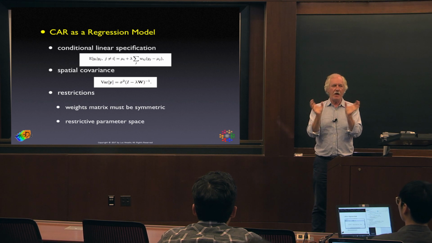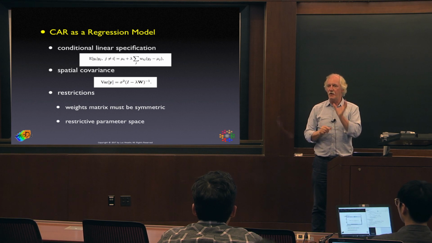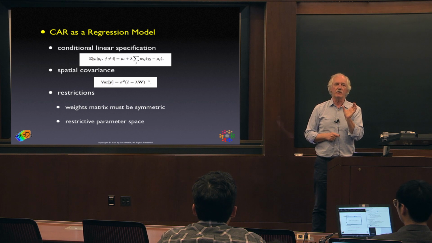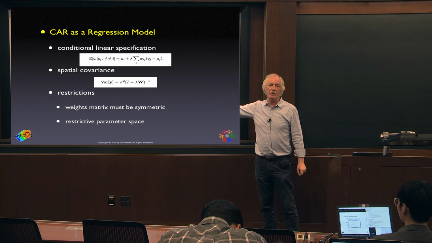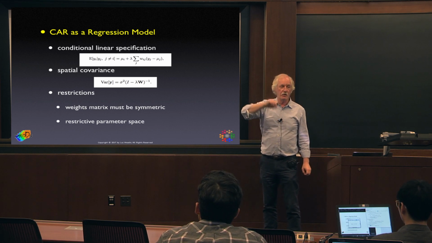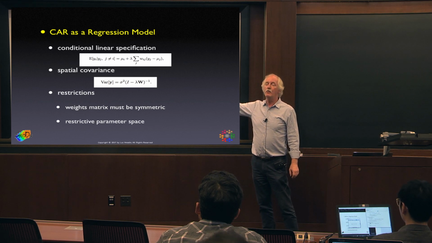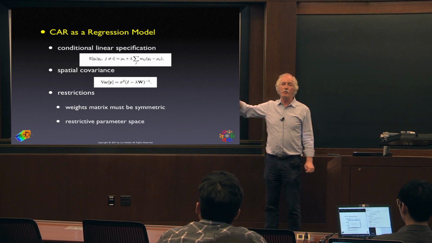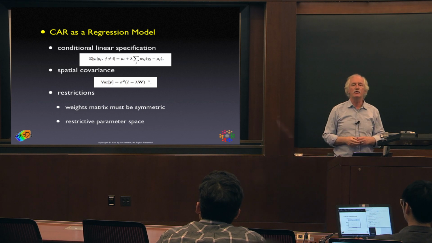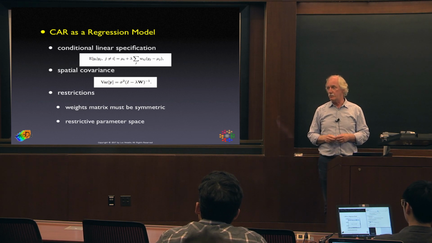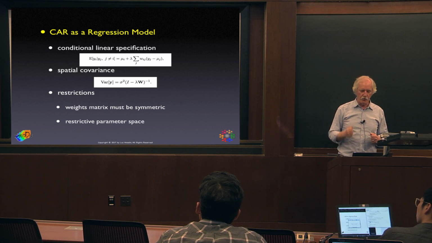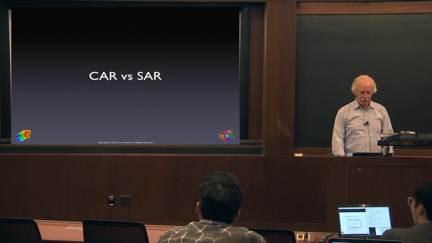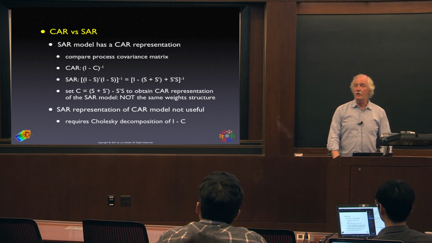You know, A prime A is always symmetric. That's just basic matrix algebra. But A by itself is not necessarily symmetric. So the only way you're going to get this matrix to be symmetric is if W is symmetric. And we just talked about row standardization, so you cannot have row standardization in these kind of models. So the parameters will have very different magnitudes from what you see in simultaneous models. Even though you may be modeling the same thing, it is not the same thing. And I'll show you with my usual examples that it's not the same thing.